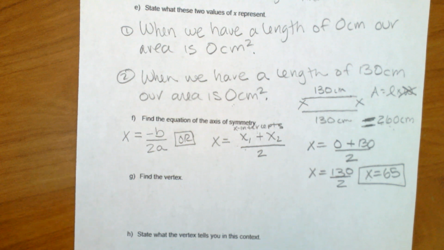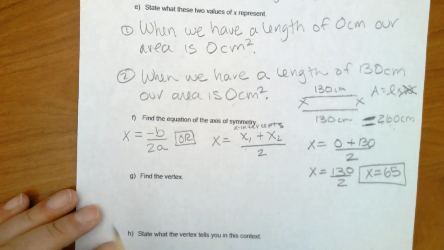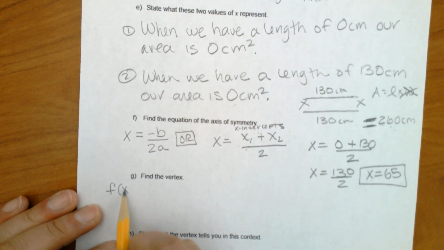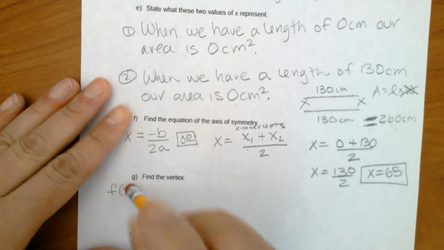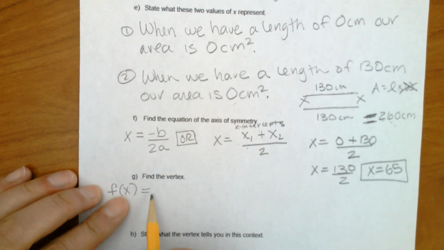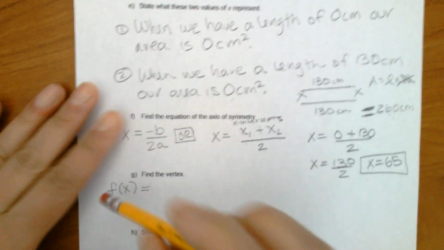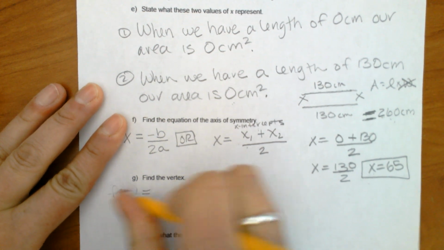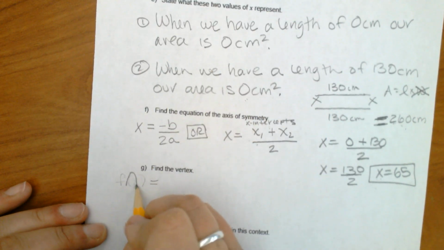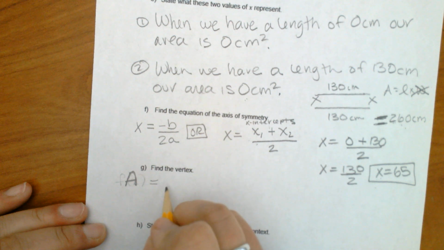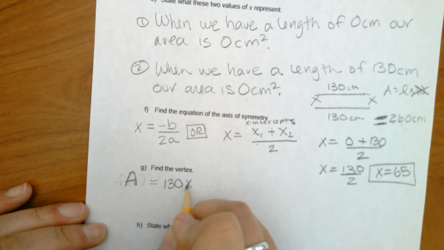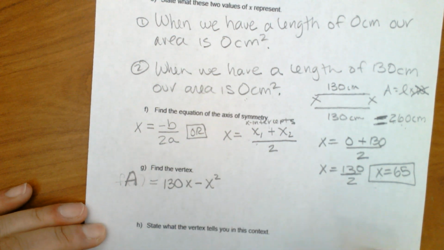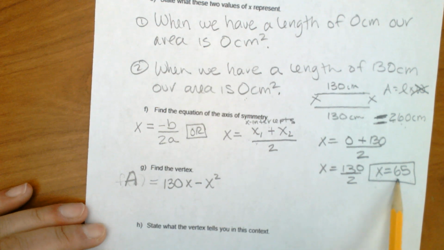So by hand, finding the vertex, what we would do is write down our equation, and I'm just changing the area to f of x. We could put a, that's fine. You know what, let's put a, because we're dealing with area. I don't want to confuse you, so let's keep it consistent. So a equals 130x minus x squared. We know what x equals.